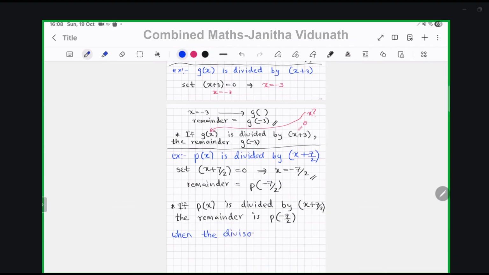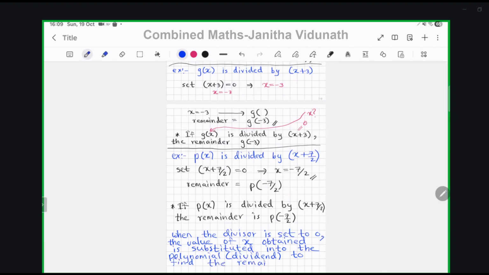When the divisor is set to 0, the value of x obtained is substituted into the polynomial, that means into the dividend, to find the remainder.